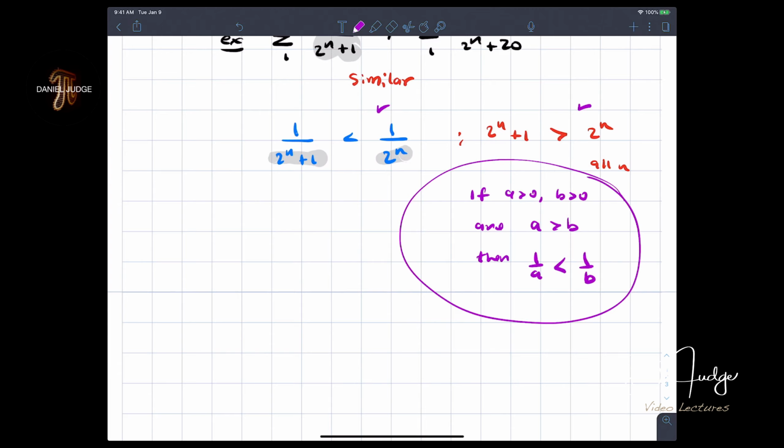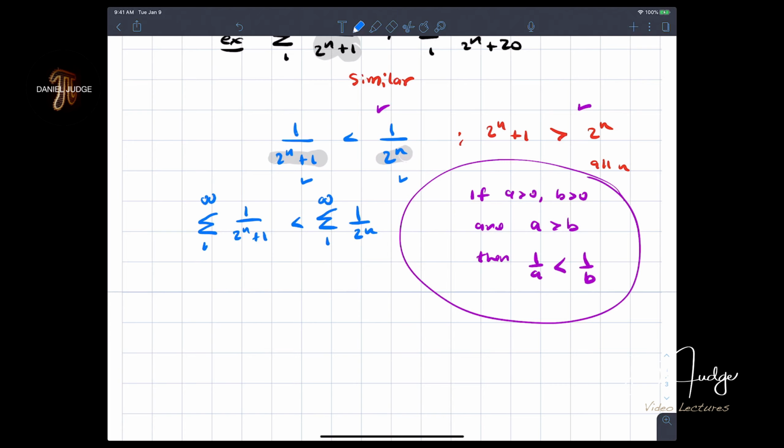So I can actually prove that statement, and what we know is this relationship is actually true. It kind of makes sense because if you make this denominator bigger than what it was, the fraction is smaller. So anyway, what we know here is that 1 over 2n plus 1 will be smaller than 1 over 2n by comparison.